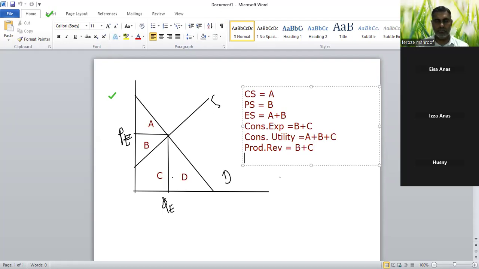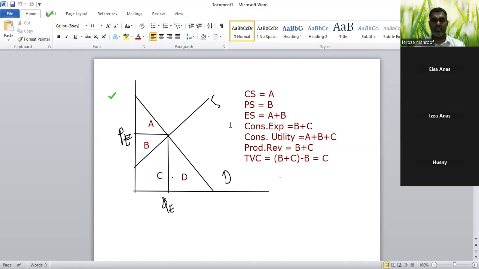So producer revenue is B plus C. Total variable cost is total revenue minus producer surplus. So total revenue is B plus C, minus producer surplus B. So the remaining area C is the total variable cost.